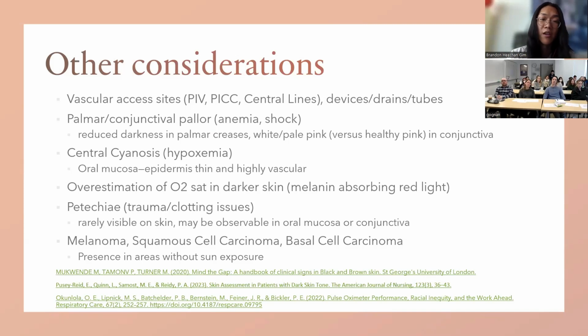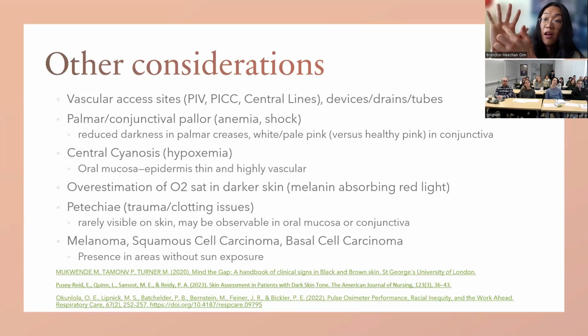Other skin issues with anemia and shock: you can have palmar and conjunctival pallor in folks with darker skin, versus cyanosis in folks who have lighter skin, which we would notice as reduced darkness in the palmar creases.